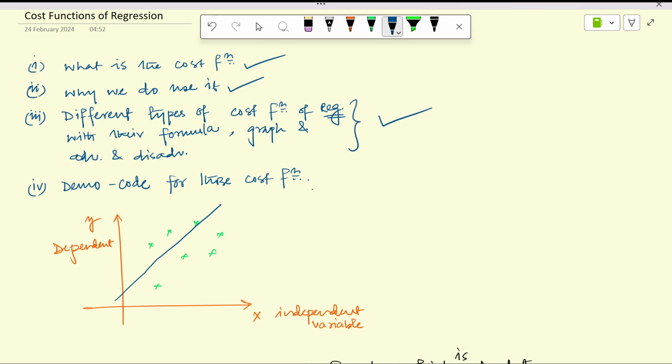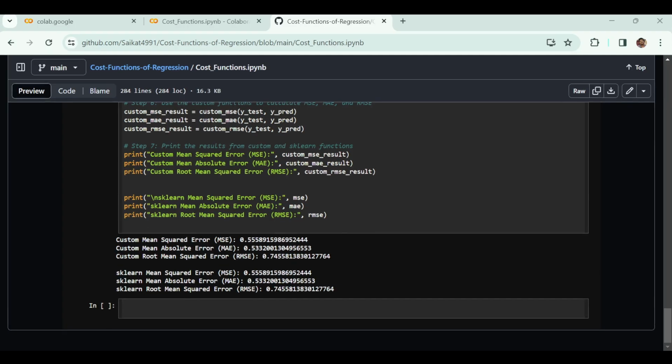We are done with that. Now let's go to the coding part, where we use this cost function for the regression problem.